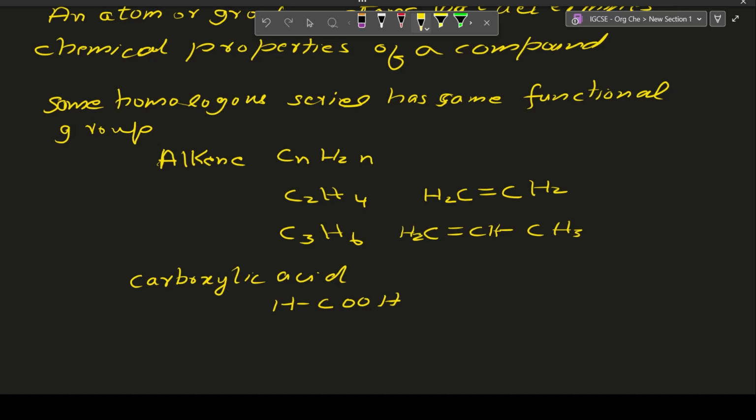That will be there, at least one of these will be there in any of the carboxylic acid family. I will take another one, CH3COOH. So this is formic acid, this is ethanoic acid. Because of this COOH, they are specific to carboxylic acid, and they will have similar chemical properties. They will react in a similar way with other chemical compounds.